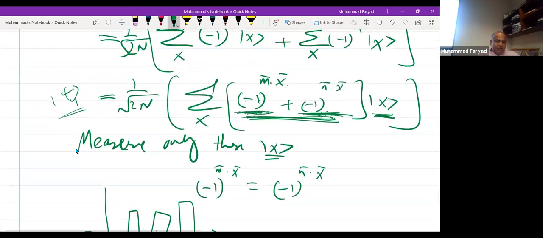And now we can see that for this amplitude to be non-zero, both of these terms have to be equal, because if they are equal, it doesn't matter whether they are both -1 or both +1. If they're equal, the sum would be non-zero, and we will be able to measure that state in the output statistics.